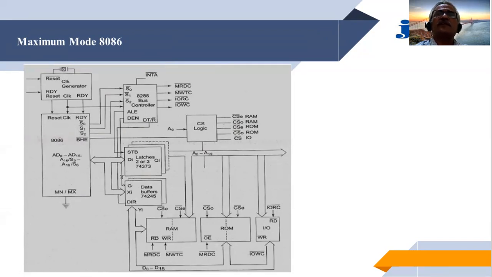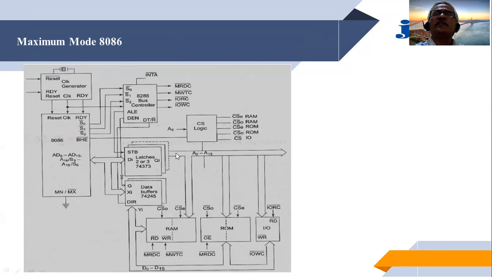Then, as you know, the chip select lines are provided for the different devices like the RAM, ROM, etc., or for the IOs. So these chip select lines are connected to the chip select lines of the different IO or the different memories.